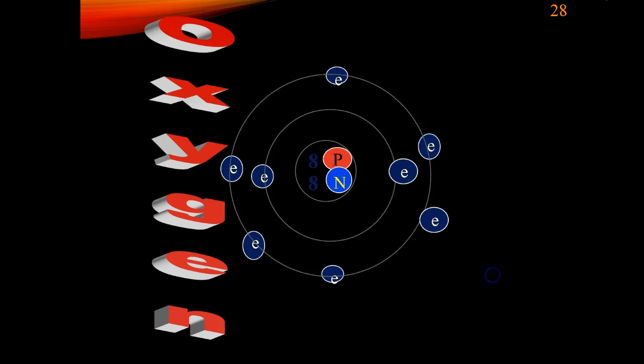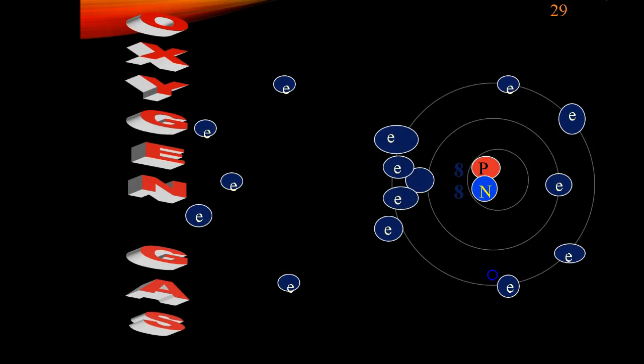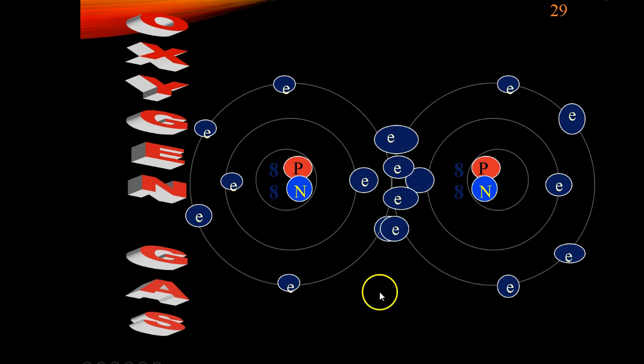So if we drew the other oxygen, we would be sharing 2 pairs of electrons. We're going to share this pair of electrons, and we're going to share that pair of electrons. So look, that's 1, 2, 3, 4, 5, 6, 7, 8.